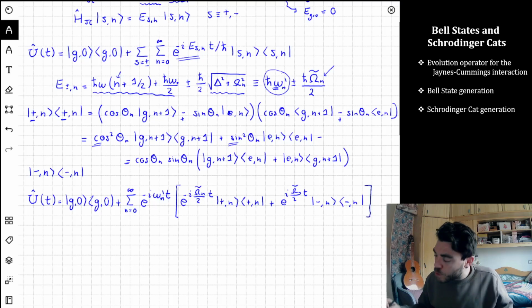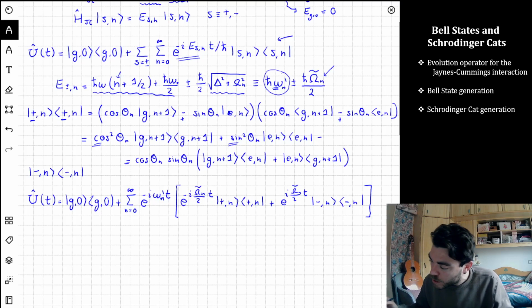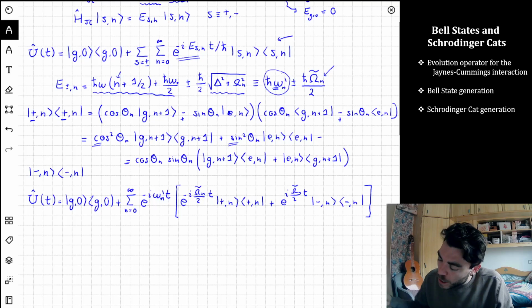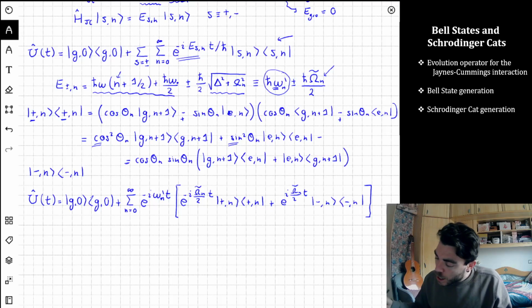So I just wrote down this expression, performing literally the sum over the two possible e plus or e minus, and using the notation that you saw for the energies, which is just simpler, and we arrive at this equation.